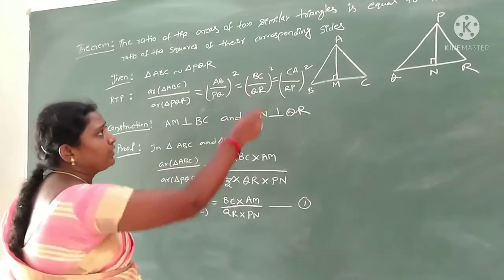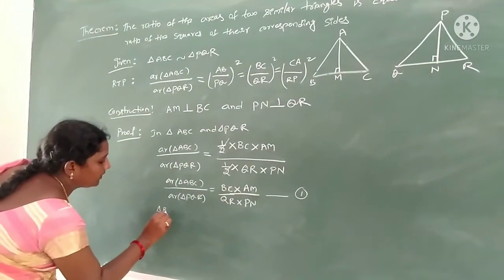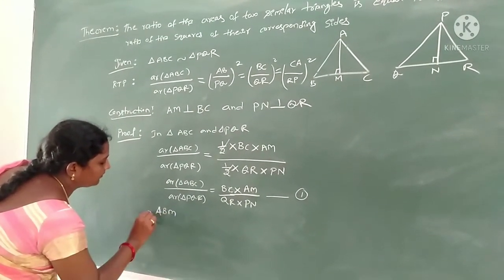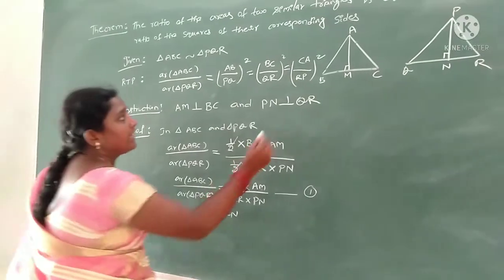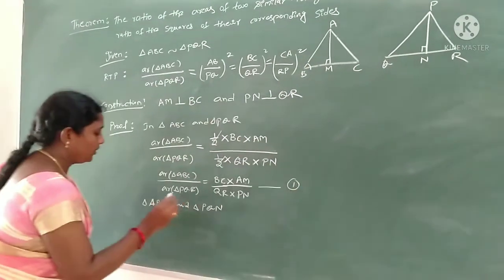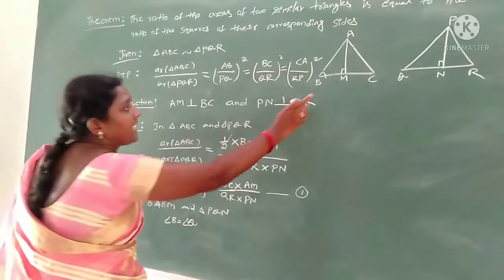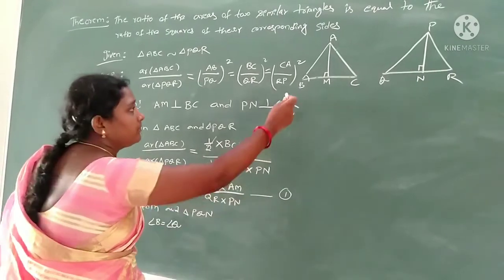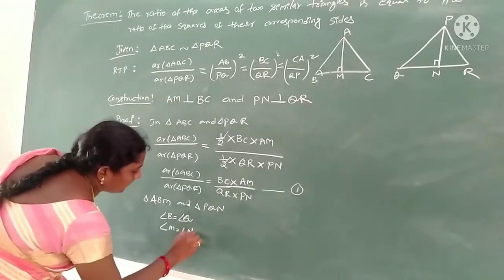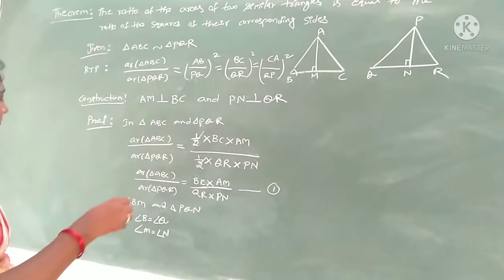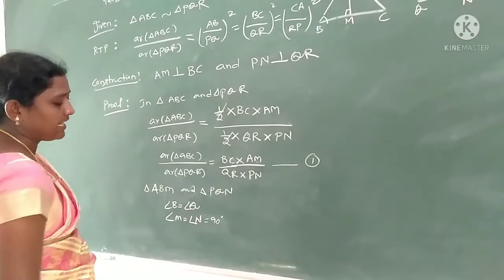Next, we take triangle ABM and triangle PQN. Angle B equals angle Q. Next, angle M equals angle N, equal to 90 degrees.